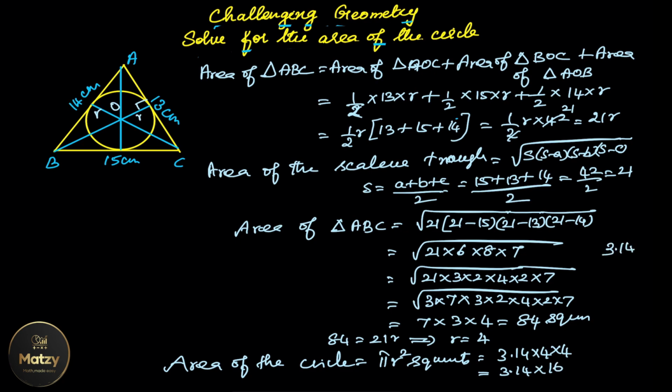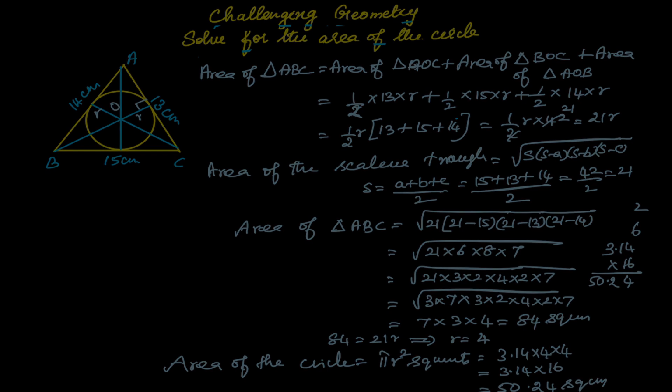So 3.14 into 16 you have to calculate. 16 fours are 64. 16 ones are 16. 16 plus 6, 22. 16 threes are 48, 50. 2 decimals. So area of the circle is equal to 50.24 square centimeters. Thank you.